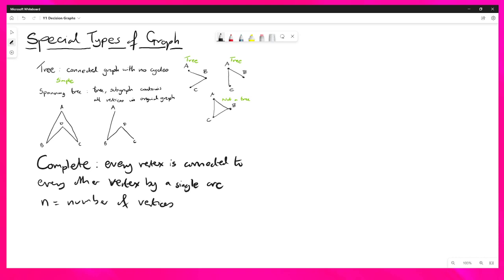The next specific type of graph is something called a complete graph, which is a connected graph. It is by definition simple, and it is the graph where every vertex is connected to every other vertex by a single arc. If n is the number of vertices, we use the notation Kn to be the complete graph with n vertices.